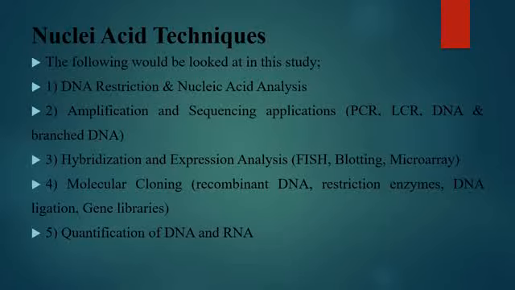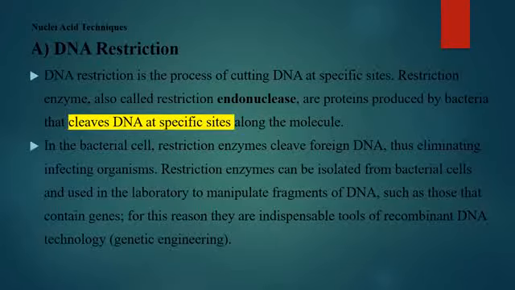So we come back to our nucleic acid techniques. Let's first talk about DNA restriction. Now, the process of DNA restriction involves the cutting of the DNA at specific sites. So you are cutting, but not just cutting randomly, you are cutting at particular points.